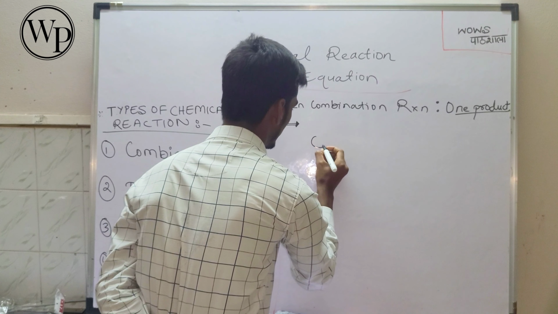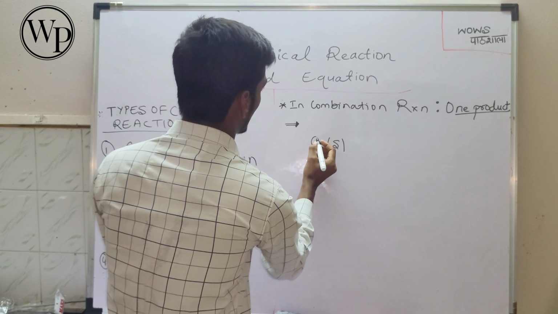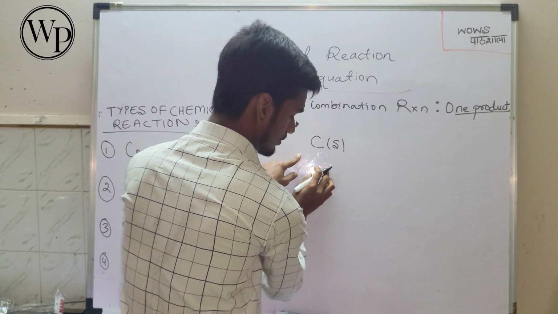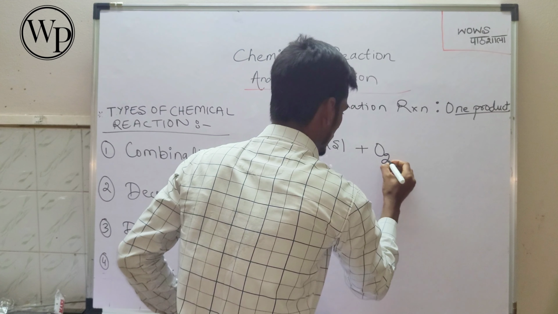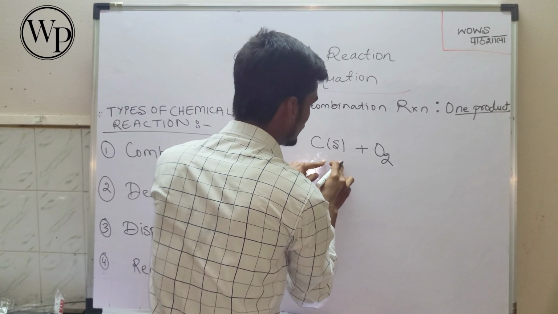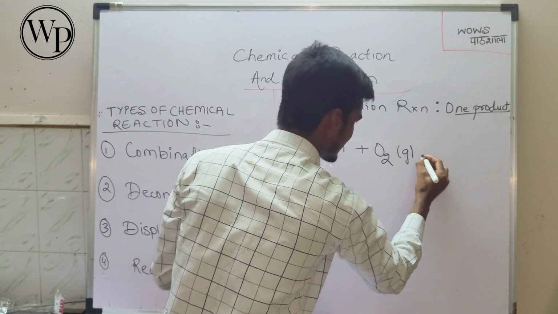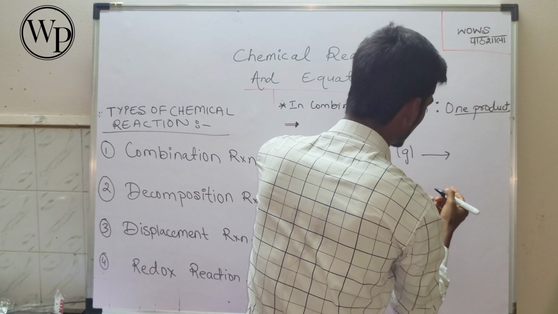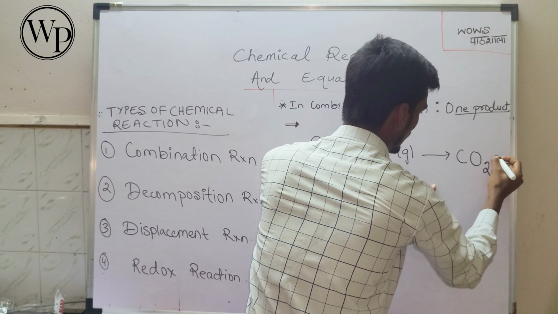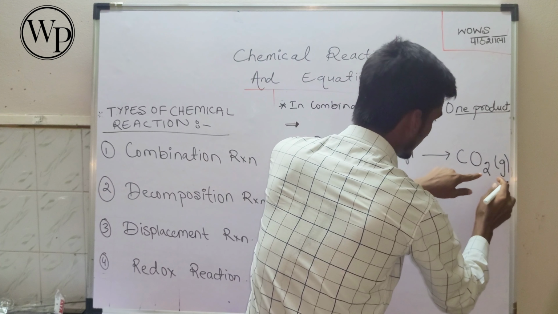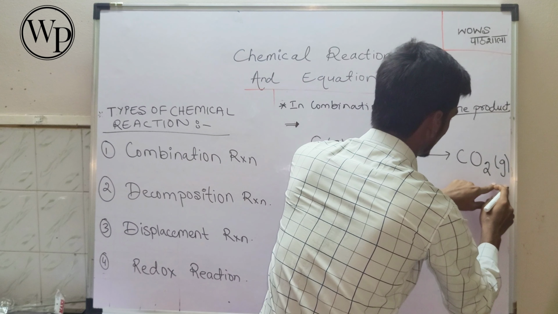The environment has oxygen, and coal has carbon. Carbon combined with oxygen, where coal is in solid form and oxygen is in gaseous form, is converted into carbon dioxide in gaseous form.